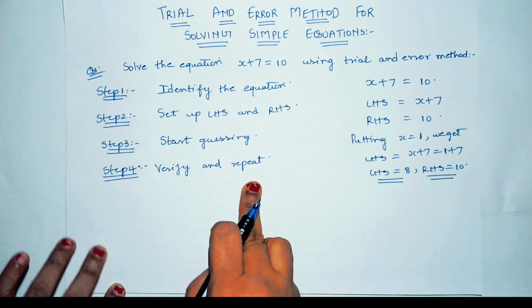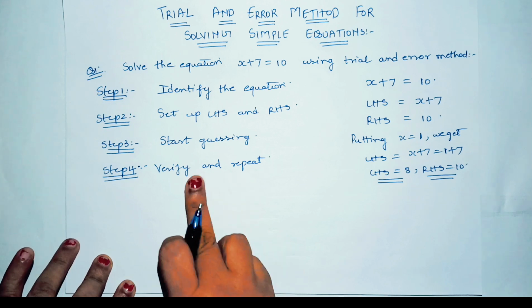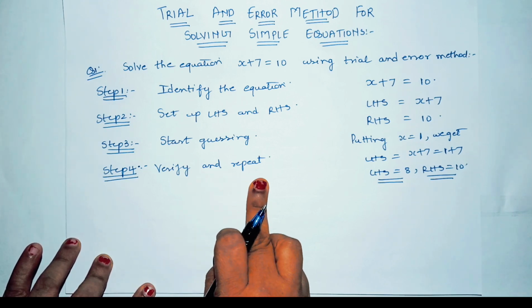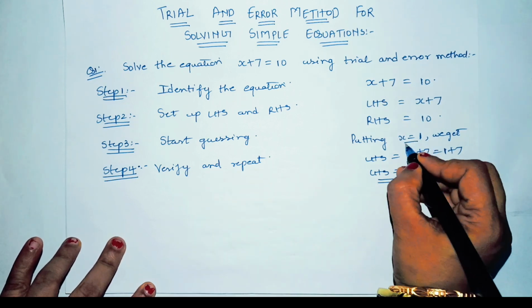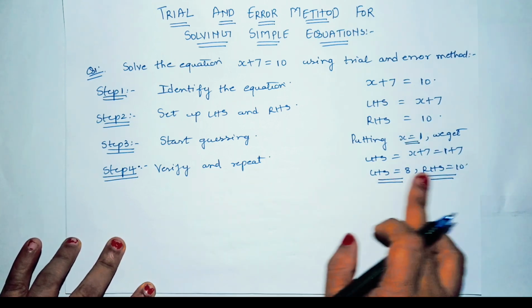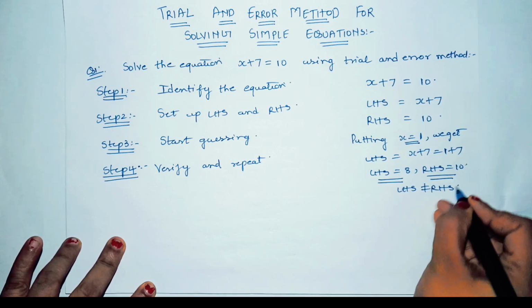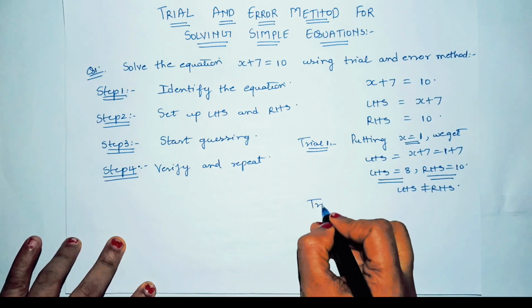What do you mean by verify and repeat? If the LHS equals RHS for a particular value, that value is the solution. If not, try another value. Now we have written x is equal to 1, where LHS is not equal to RHS. So this is your trial 1.